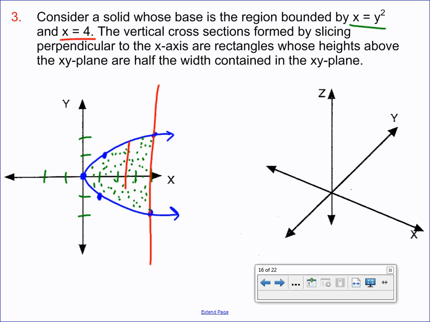So I'm going to go ahead and draw a typical slice. And if I were to turn this slice out to face me, it would be what shape? It would be a rectangle. That's good news because we know the formula for the area of a rectangle. Whose height, this height coming out of the page, is half of its width that's contained in the xy plane.